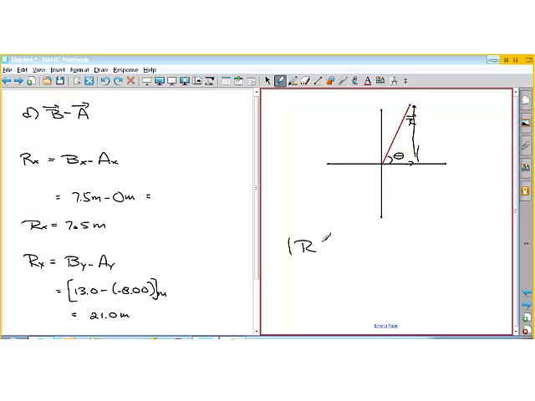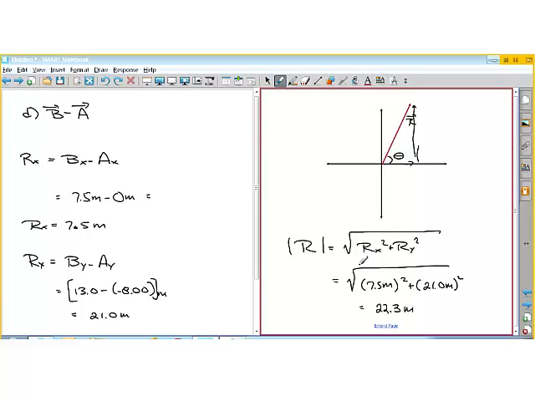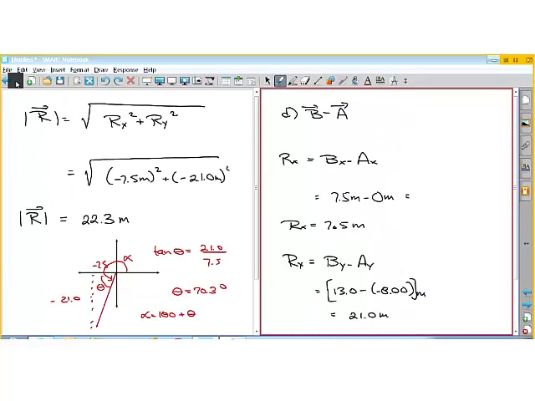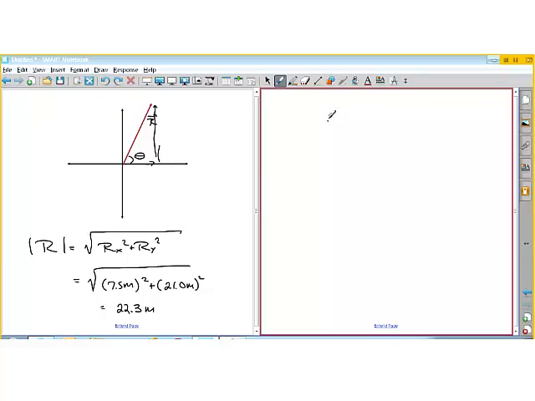Using the diagram there, the magnitude of the resultant vector is, again, the square root of r sub x squared plus r sub y squared. r sub x was positive 7.5. Square that, add that to 21.0 squared, and we get positive 22.3 meters again. So the length of this vector here is the same as the length of the other vector. But you can see that the tangent of theta gives the actual angle.